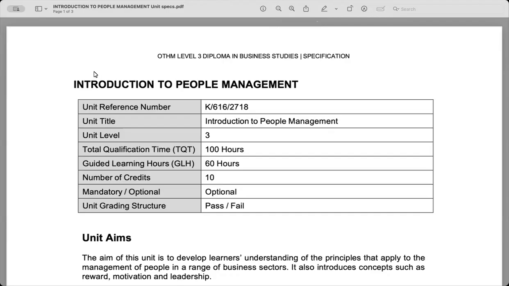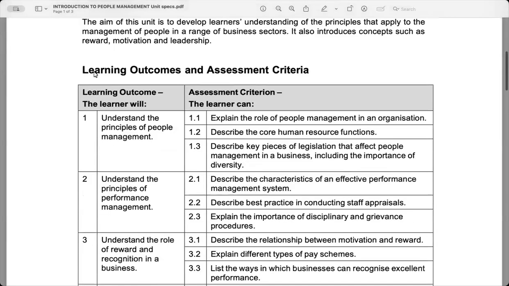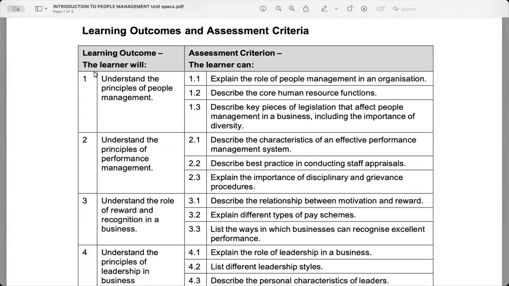Before starting the assignment discussion, we will review the key points that we studied in the last four sessions or lectures of people management. Our first lecture: understand the principles of people management. In the first lecture, we gained an understanding of the principles of people management and how they contribute to an organization's success.